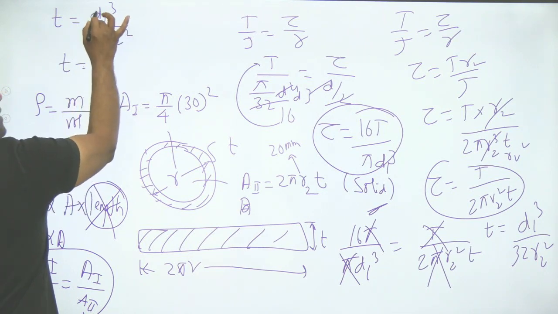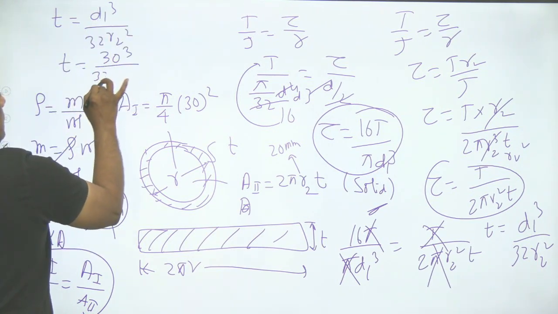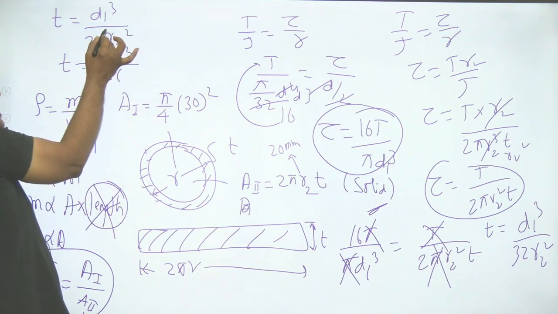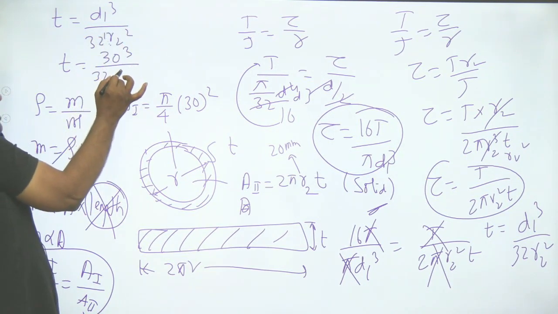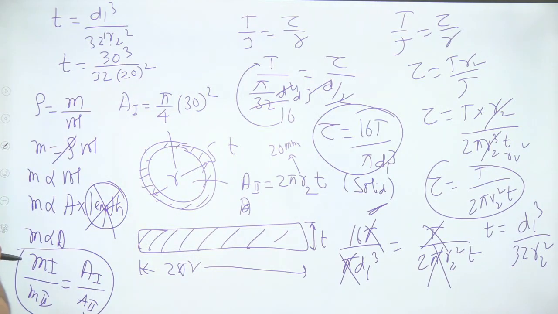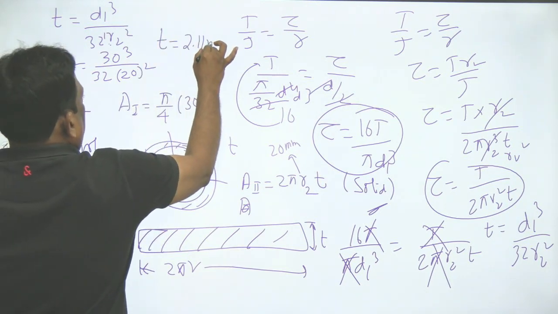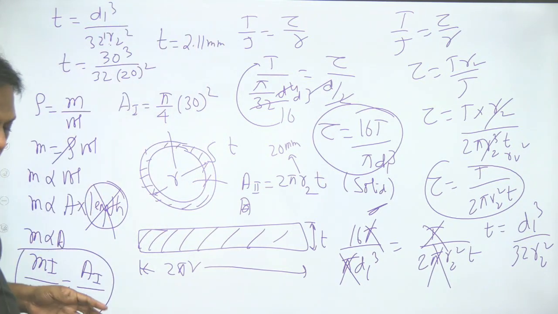So diameter of the first is 30, over 32. Diameter of the second is 40, but here we have radius, so it is 20 square. Let me check. So therefore, 30 cube divided by 32 divided by 400. And I'm getting this as 2.11 mm.